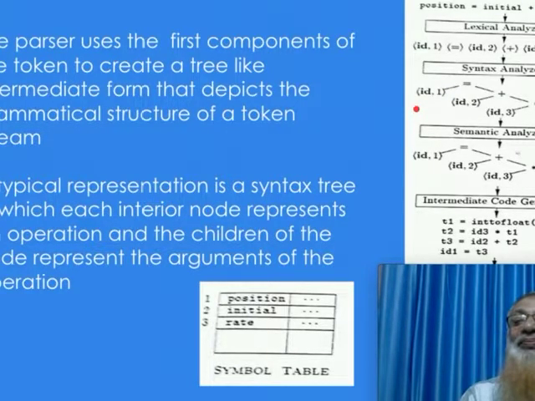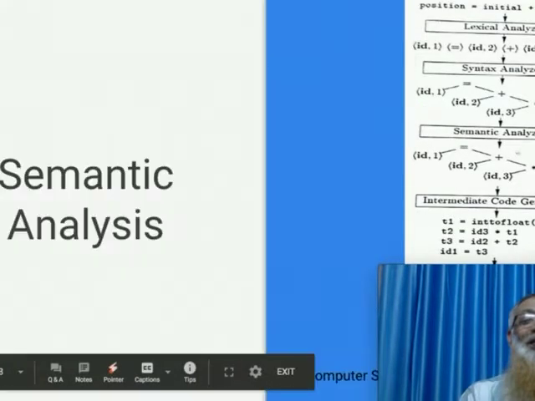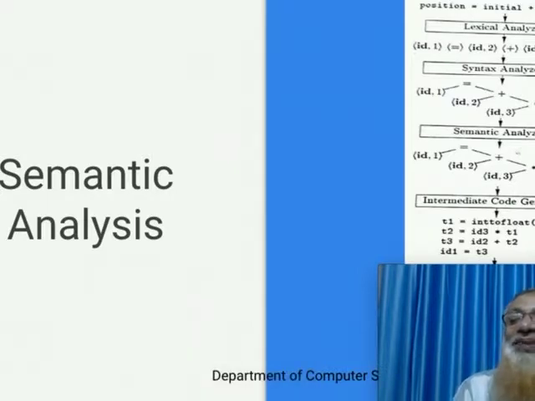Otherwise, we will get appropriate error messages in the syntax analysis phase. Once the syntax is correct, semantic aspects of the language will have to be maintained. What do you mean by semantic aspects? Syntactical correctness we can easily describe.